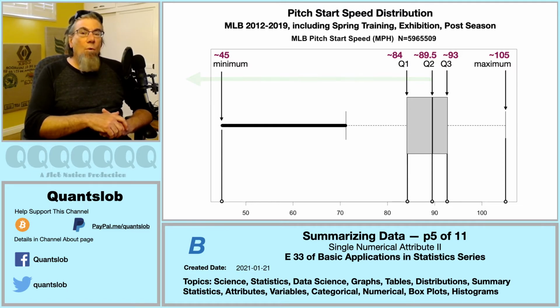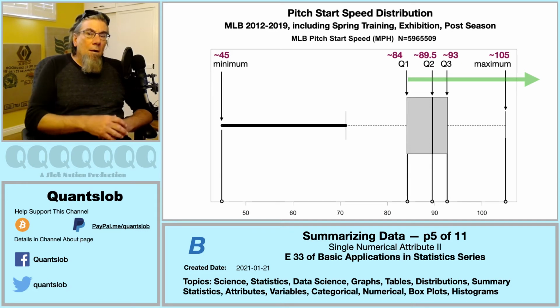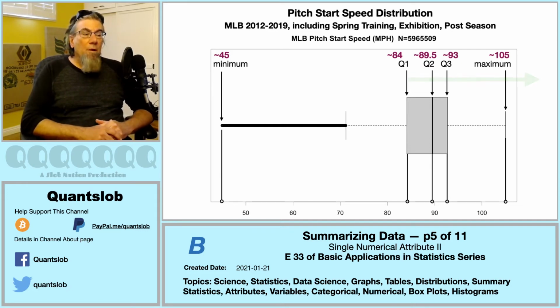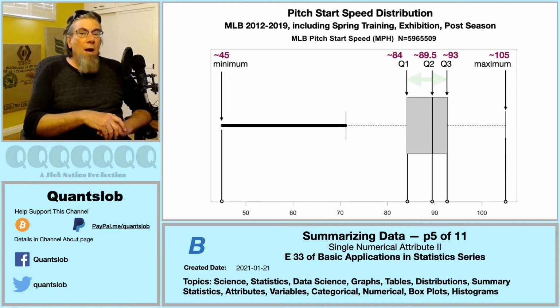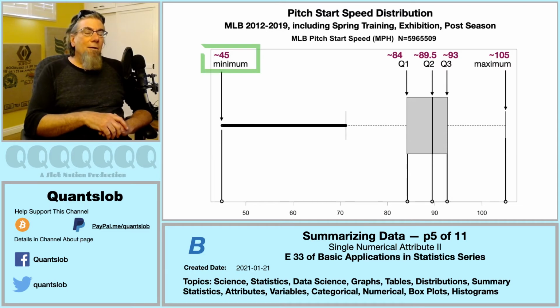About 3/4 were faster than 84 miles per hour. About half were between 84 and 93 miles per hour, between Q1 and Q3. The slowest was very close to, I'd say, about 45 miles per hour, and the fastest pitch was recorded at a velocity very close to 105 miles per hour.